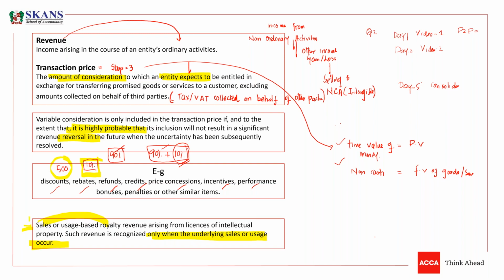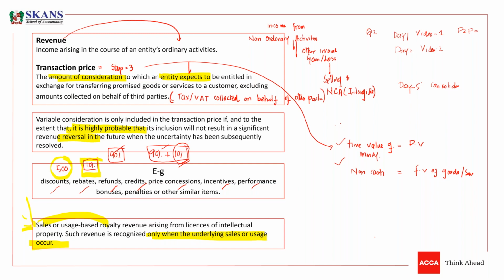What does it mean? This is important, guys, for your exam. If I have copyrights, I have written a book, I have the copyrights of that book, and now I have given the copyrights to a certain company. The contract is that whenever they sell one unit, they will pay me something. So when am I going to book revenue?